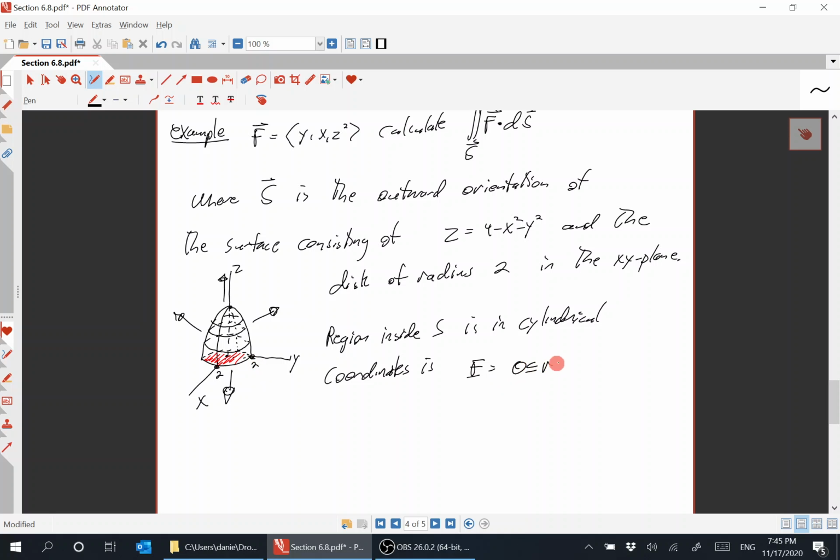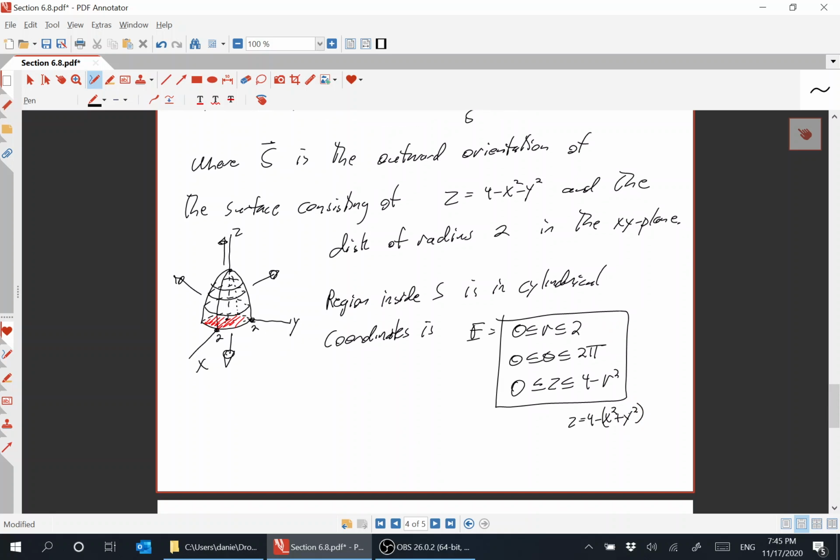So 0 is less than or equal to r less than or equal to 2, and theta is from 0 to 2 pi. And then z is from 0, the xy plane, up to the paraboloid, 4 minus x squared minus y squared, which is 4 minus r squared in polar coordinates.